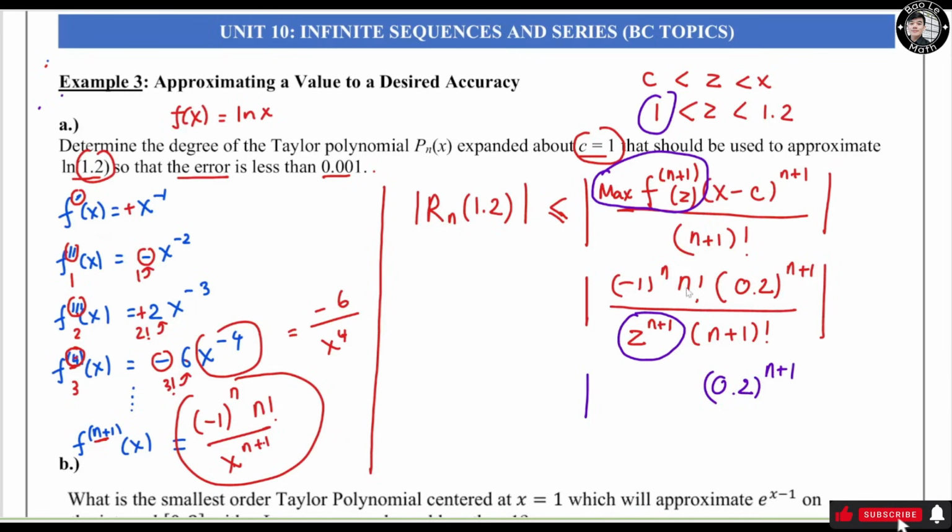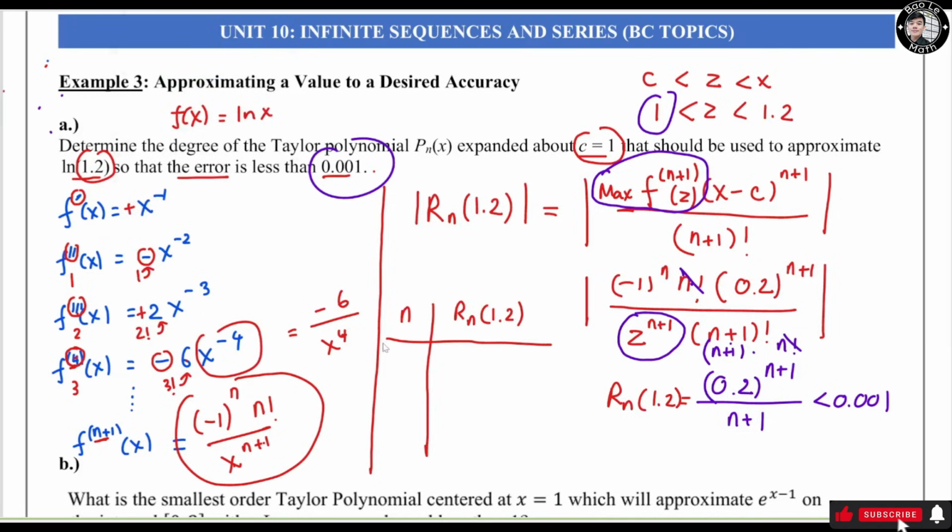Now n factorial on top and n plus 1 factorial on the bottom: n plus 1 factorial can be written as n plus 1 times n factorial, so this cancels out. The bottom should be n plus 1 only. Now I can remove the absolute value sign. The error must be less than this, so I need this to be less than 0.001.